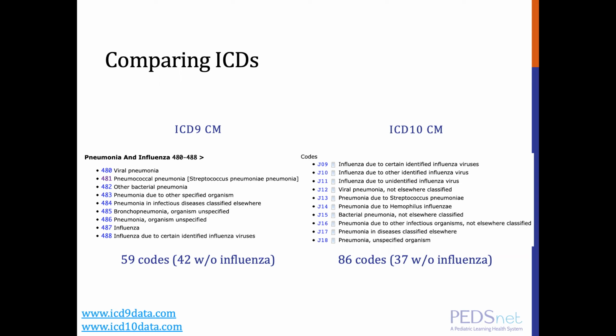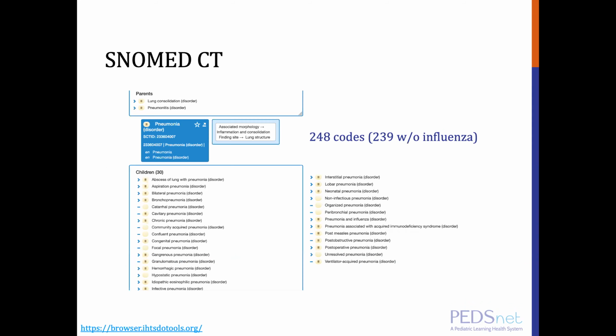ICD-10 CM has 86 codes for pneumonia, 37 without codes for influenza. ICD9data.com and ICD10data.com are useful websites for looking at them. If you have an ICD-9 code and you want to see the ICD-10 code and vice versa, they have options when you look up one type of code to convert to the other one. It also has information on procedures, which we'll talk about later.